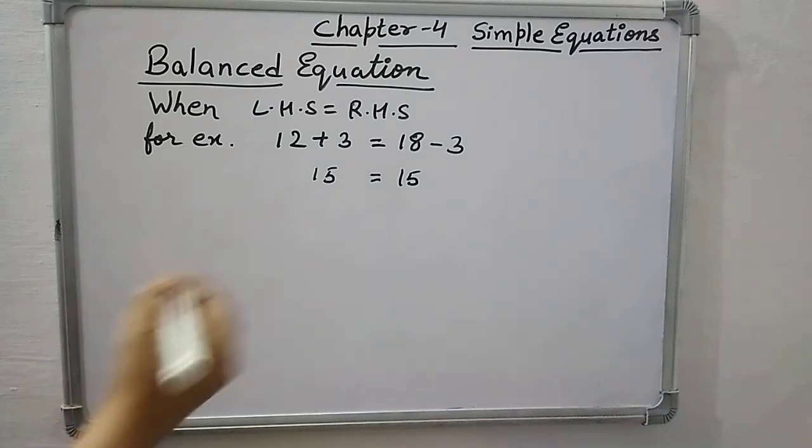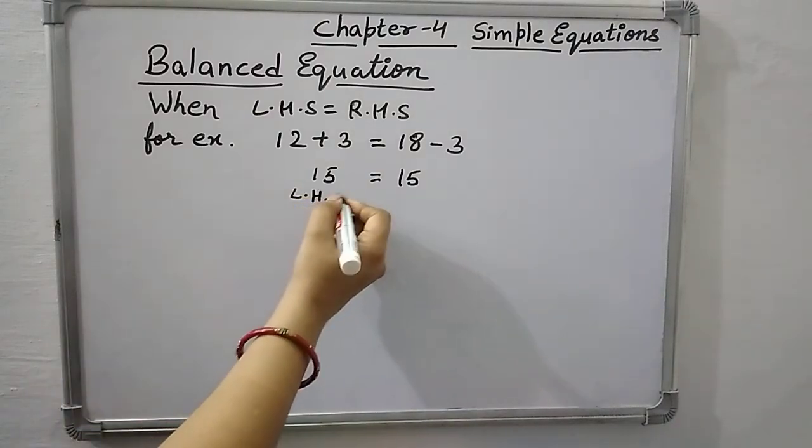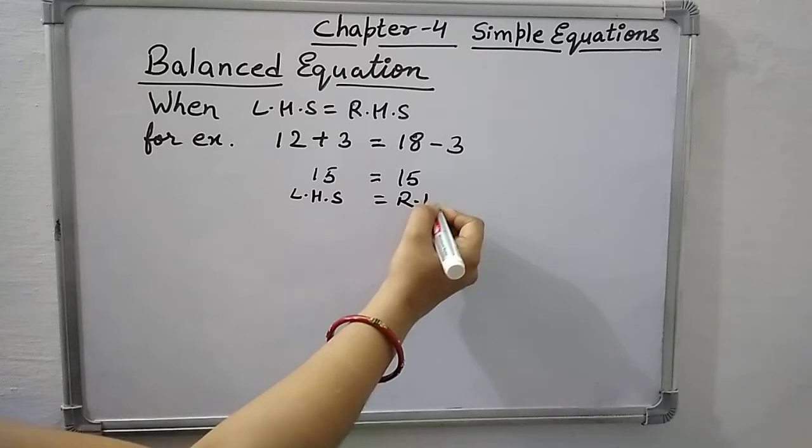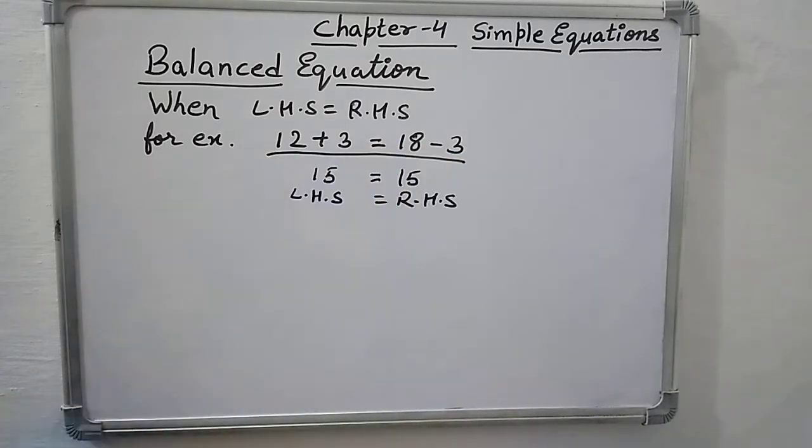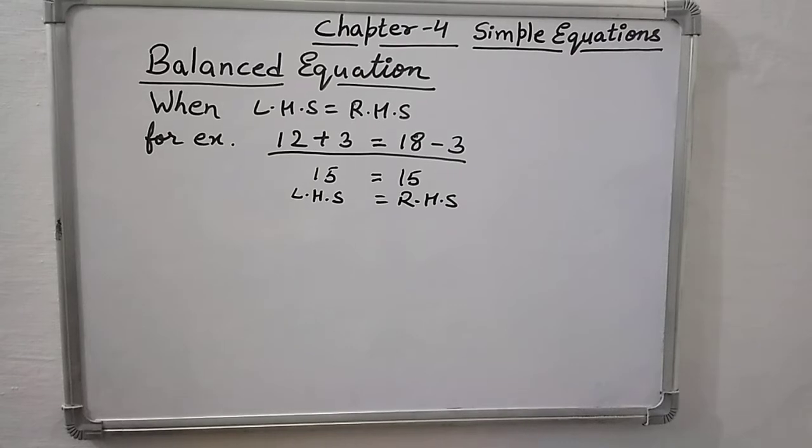So that means LHS is equal to RHS. Hence, this equation 12 plus 3 equal to 18 minus 3 is balanced equation. So that means value of LHS should always be equal to value of RHS in order to make our equation a balanced equation.